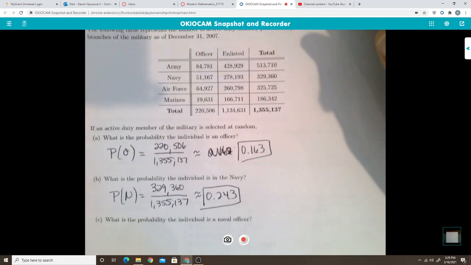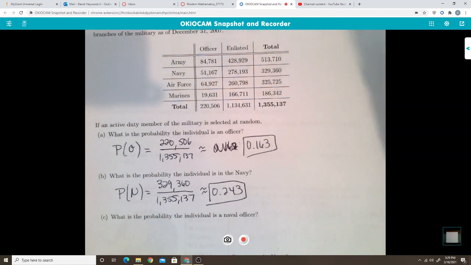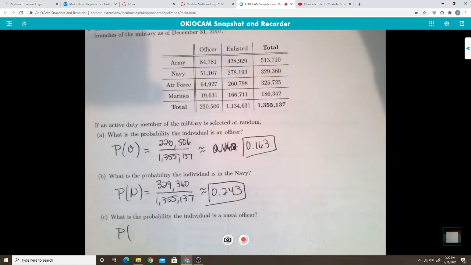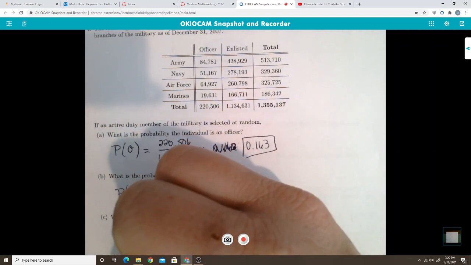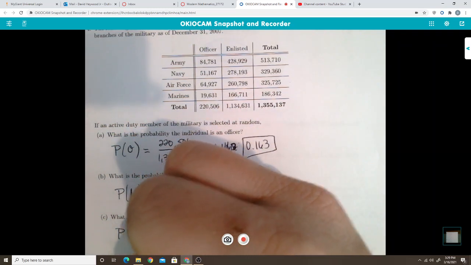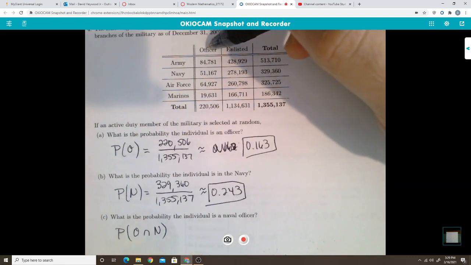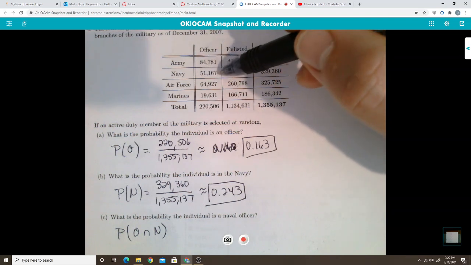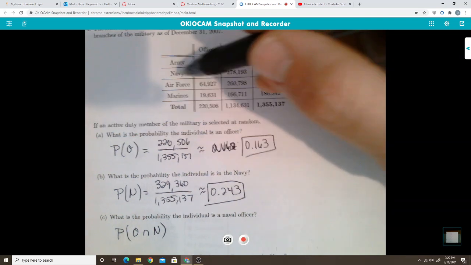Okay. Part C, what's the probability the individual is a naval officer? Ooh, a naval officer. If you're a naval officer, that means you have to be in the Navy and you have to be an officer, right? So this is really the probability that you're an officer and that you're in the Navy. There's the intersection, right? Officer, Navy.